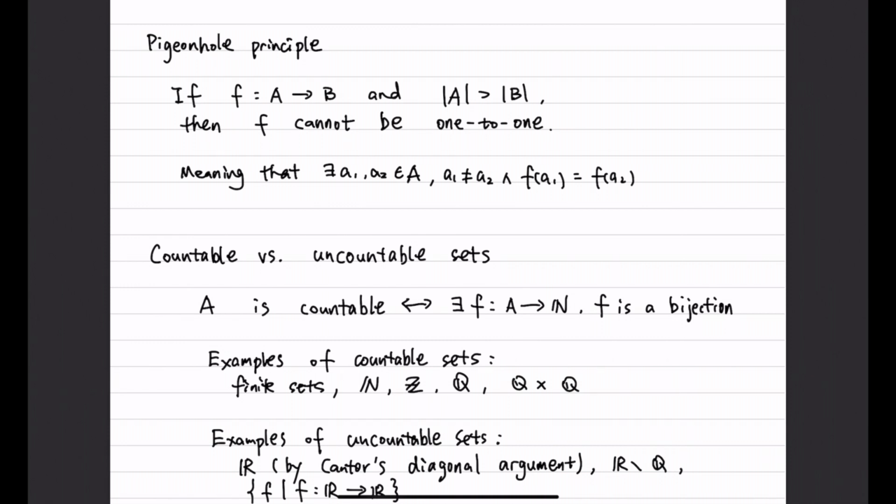In other words, there exist two elements A1 and A2 from the domain A that are distinct and have the same image under the function f. And the reason why the pigeonhole principle holds is very intuitive. For f to be a one-to-one function, distinct elements need to have distinct images in the codomain. However, if the codomain has fewer elements than the domain, then this obviously cannot occur.